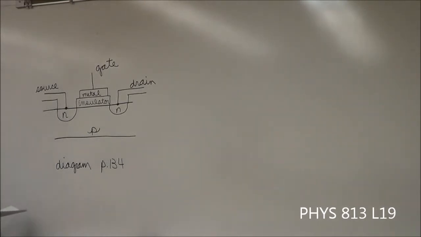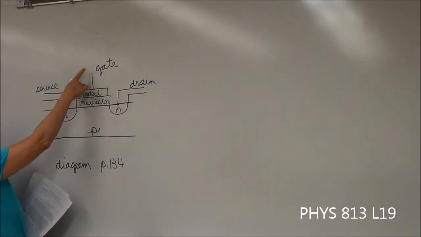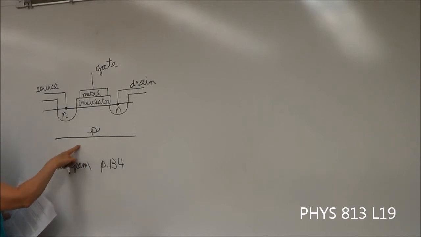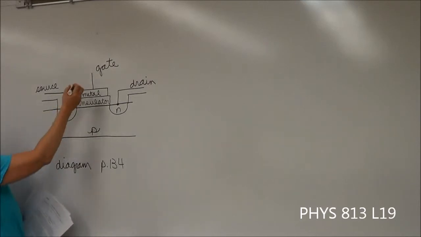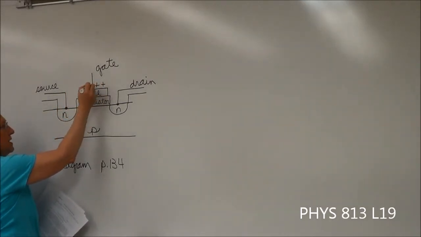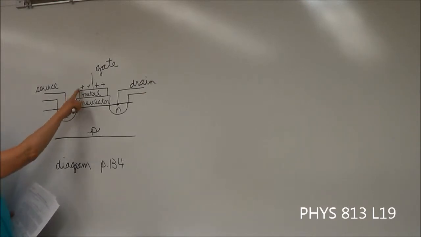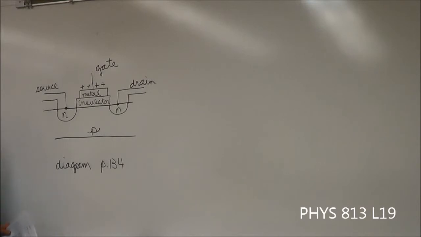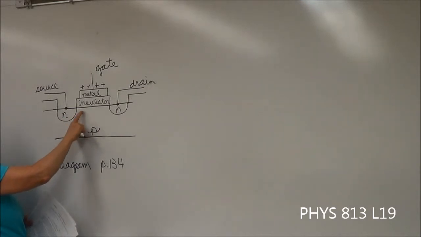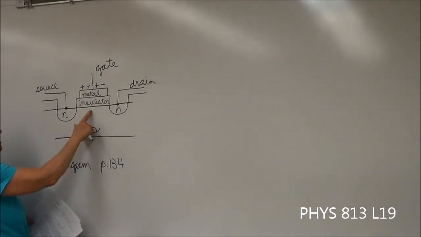So what happens though is if you apply a potential difference to the gate and to the other side of this layer, you can get this metal to become positive. So you apply potential difference properly, and electrons will leave that metal. Well, if it becomes positively charged because electrons left, then that will attract electrons in this region under here.